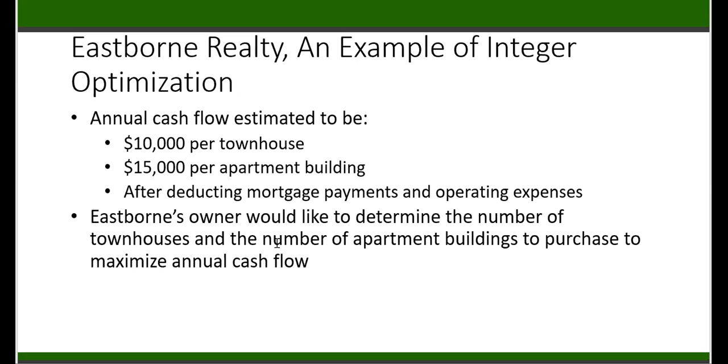So as you can see, the nature of the decision variable, we have countable number of townhouses and apartments. And here the difference is huge between one apartment and 2 apartments, for example. If you solve LP relaxation and get, let's say, 1.5, it's really tough.